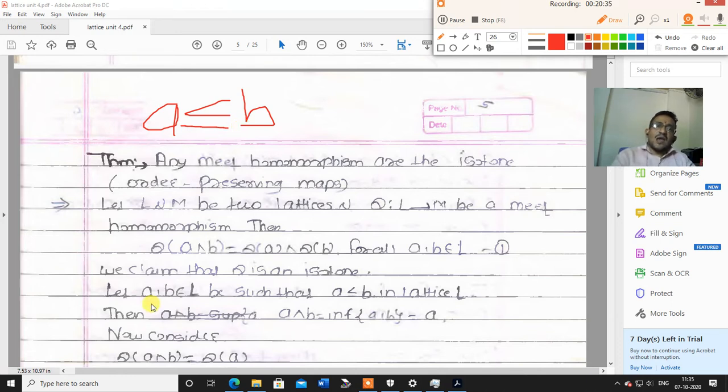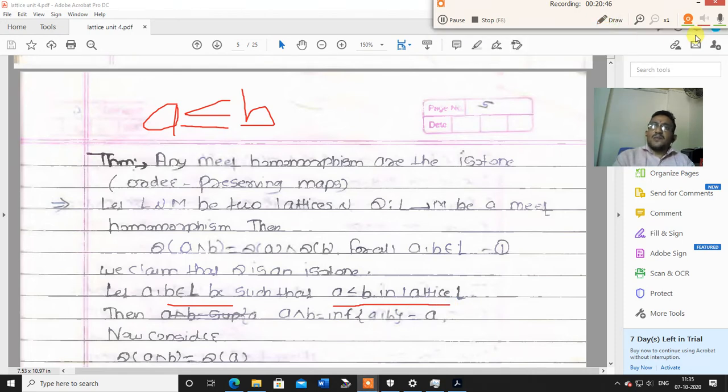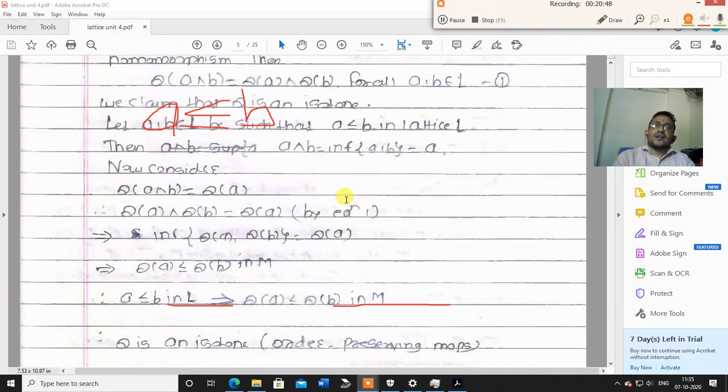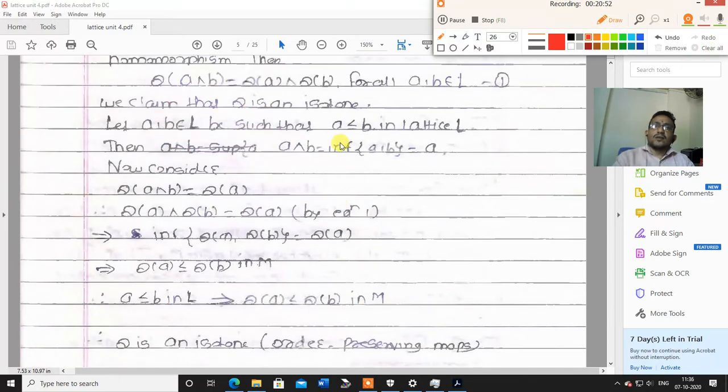Let A and B be elements of lattice L such that A is related to B in lattice L. Then what is the infimum of A and B?